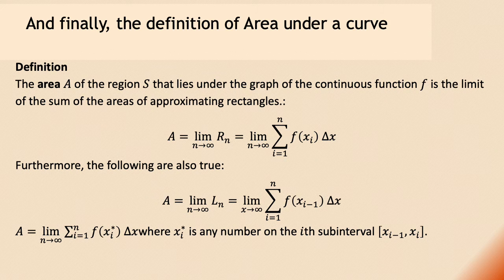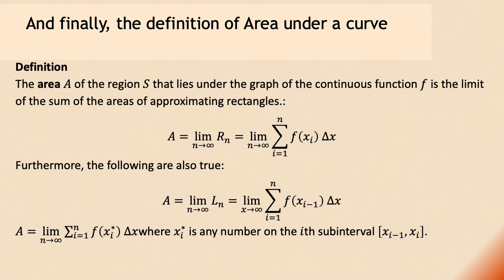So f of x sub i would give you the height of the rectangle, and delta x stands for the width of the rectangle. And remember, we're setting it up so that the width is equal. The width of all the rectangles is equal. So if you take the length of the interval that you're looking at and divide by the number of rectangles that you want, that would give you the width of each rectangle.